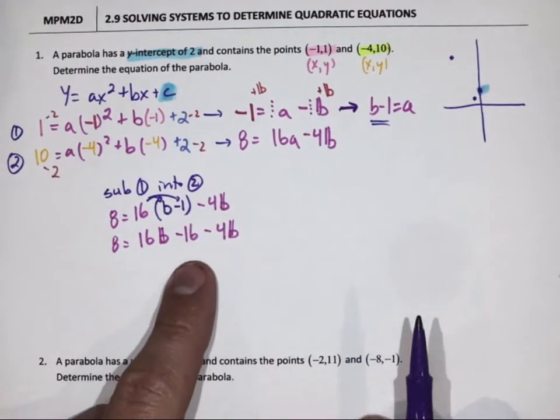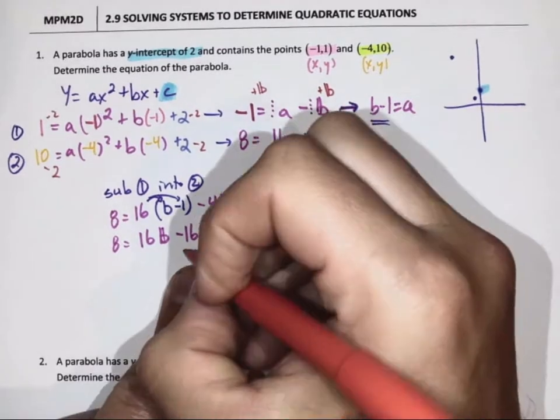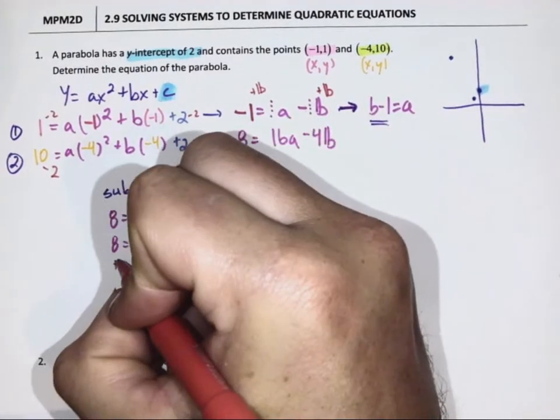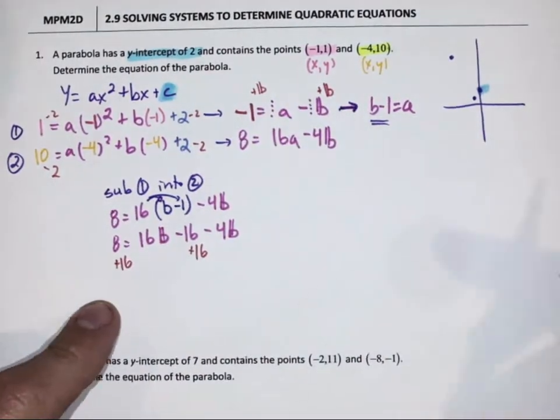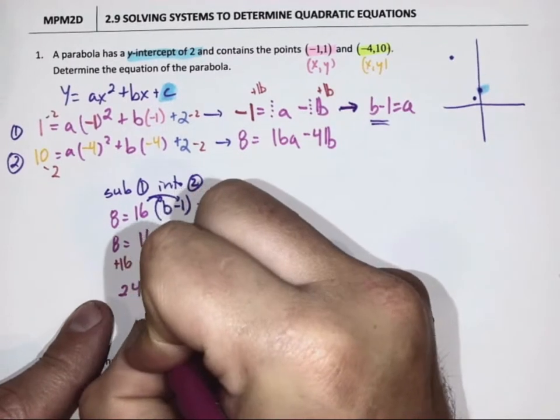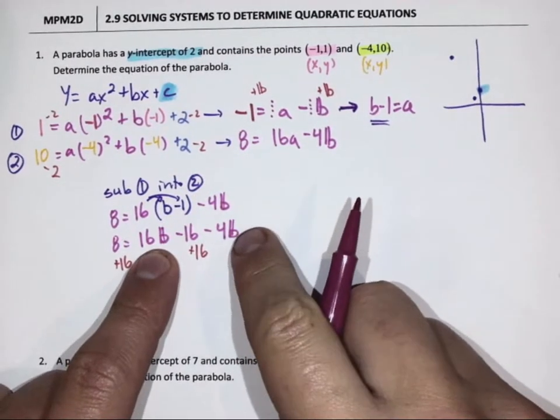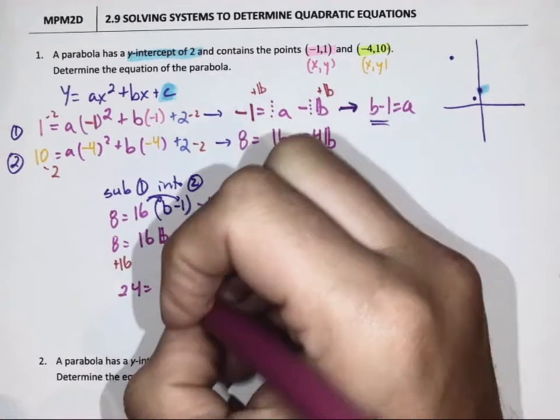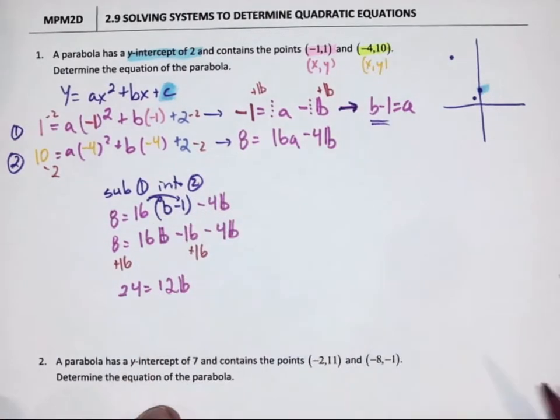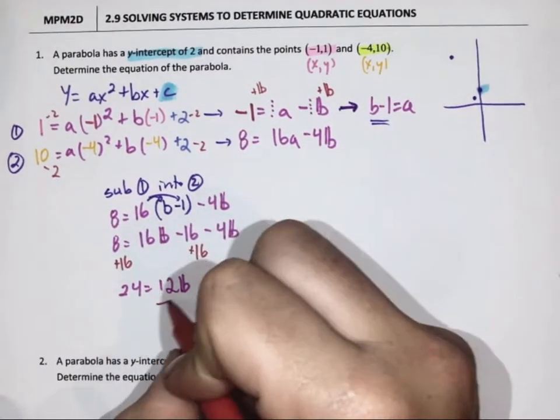Collect like terms. Eight plus 16 is 24. And then on the right side, 16b take away 4b is 12b. Now I solve for my unknown.